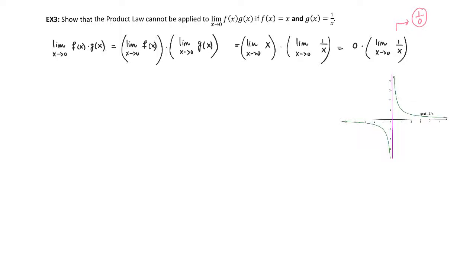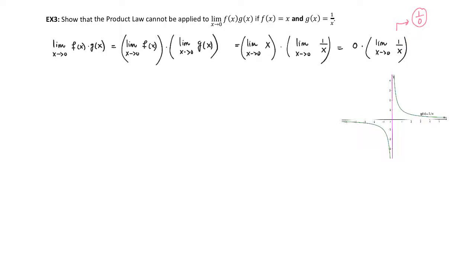Look at the graph. This is 1 over x. This is the graph of g. As x approaches 0 from the right, 1 over x is going towards positive infinity. And as x approaches 0 from the left, 1 over x is going towards negative infinity. So yes, this limit doesn't exist.